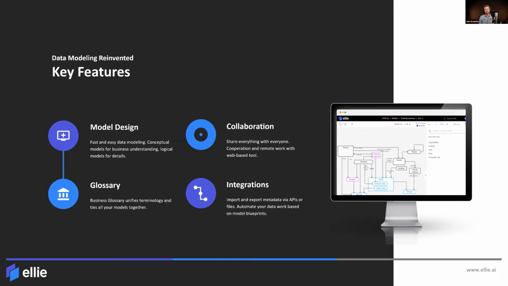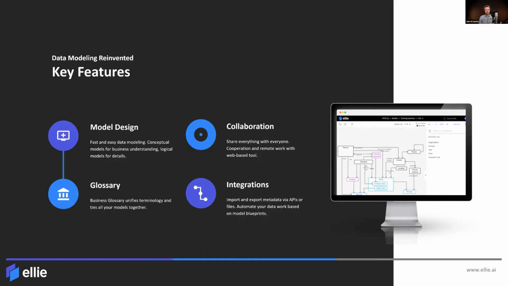The idea behind Ellie's conceptual models is that they are closely interlinked with the glossary. So the glossary in Ellie, and we'll go through this in a little bit more detail soon, is something that unifies your terminology and ties all the models together by basically giving you a list of core business concepts. And these core business concepts have metadata about them, which we're going to be using today in our GDPR example.